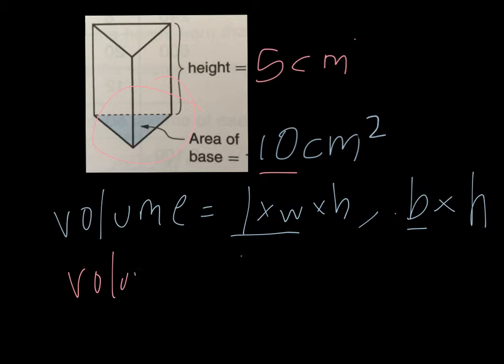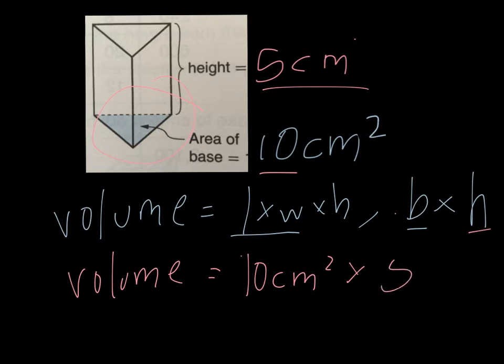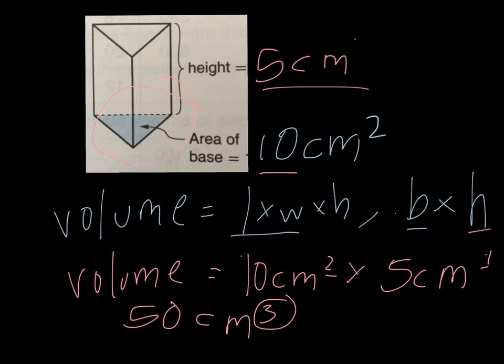So volume equals 10 centimeters squared times my height, which is listed up here as 5 centimeters. So 10 times 5 is 50. So we know the volume is 50 centimeters cubed. Got that 2 there. This is just 1. So where do we get that 3 from, guys? That cubed. Okay, let's keep going.